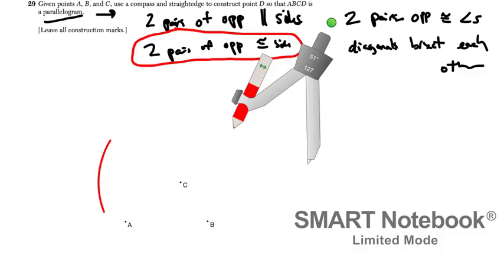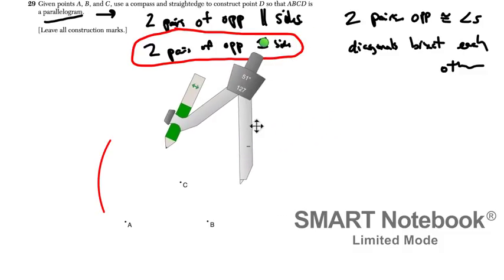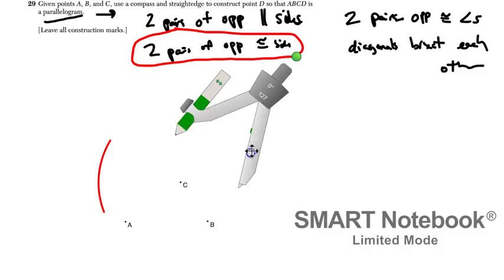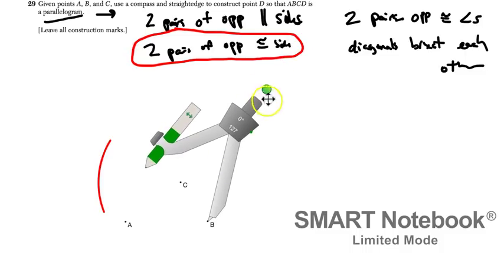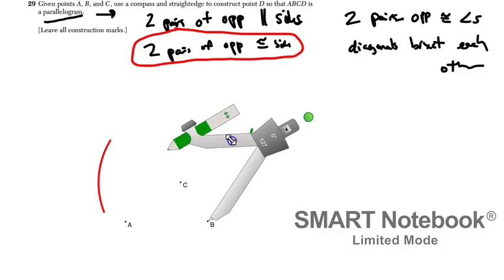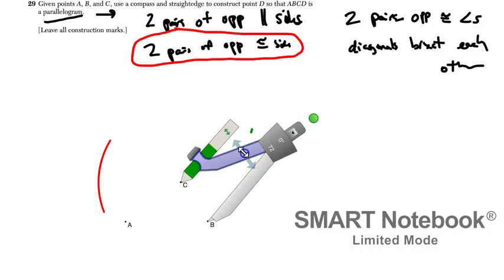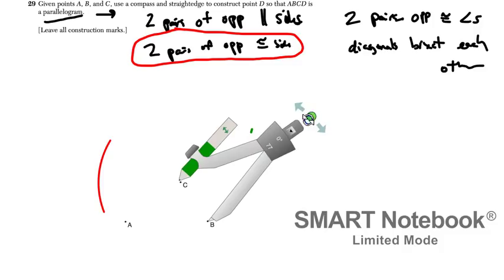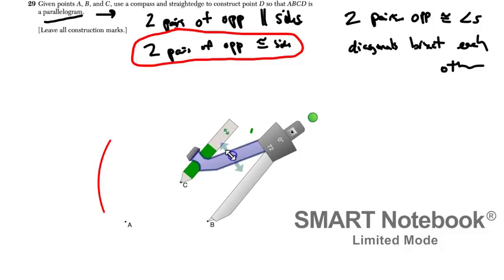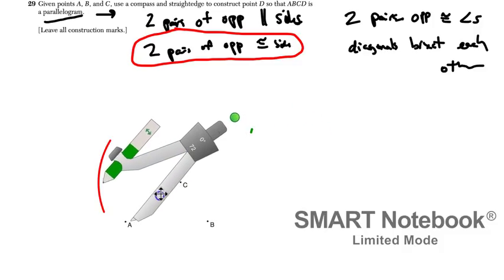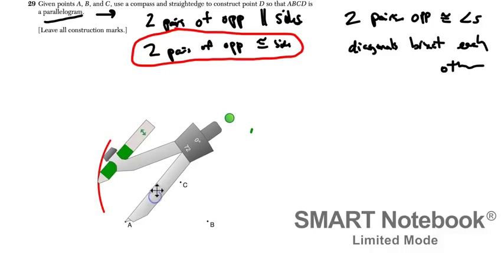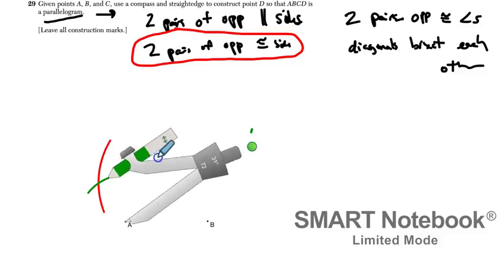BC and AD also have to be congruent. So that means if I go ahead and measure line segment BC, and then I move this thing to A, the points I construct on this arc are equally distant from A that B and C were from each other.